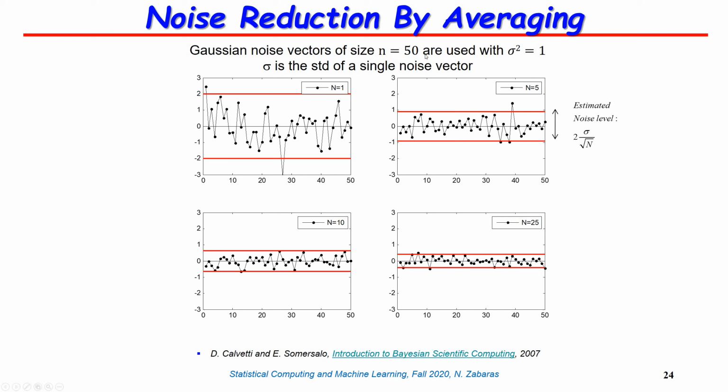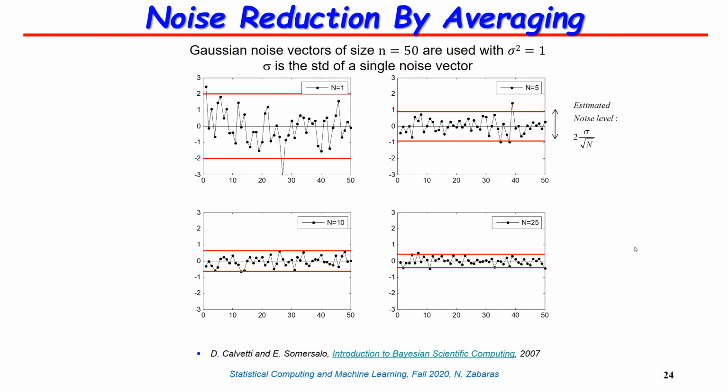So I'm taking signals that are defined over time intervals equal to 50. For demonstration, I'll take sigma squared to be equal to 1. And I repeat the experiment once, so there's no averaging here. Here I'm averaging over 5 measurements, over 10 measurements, over 25 measurements, and you can see that 2 times the standard deviation of my noise, which is 2 times sigma over square root of n, becomes smaller and smaller.